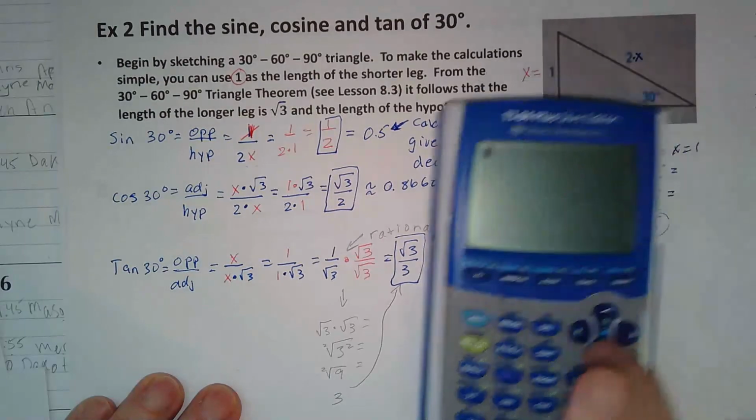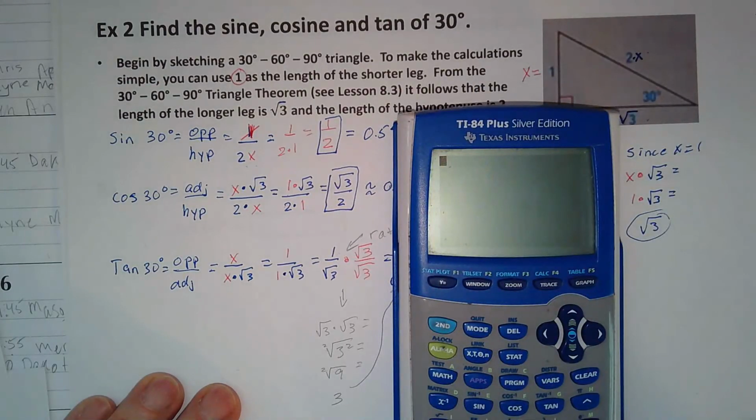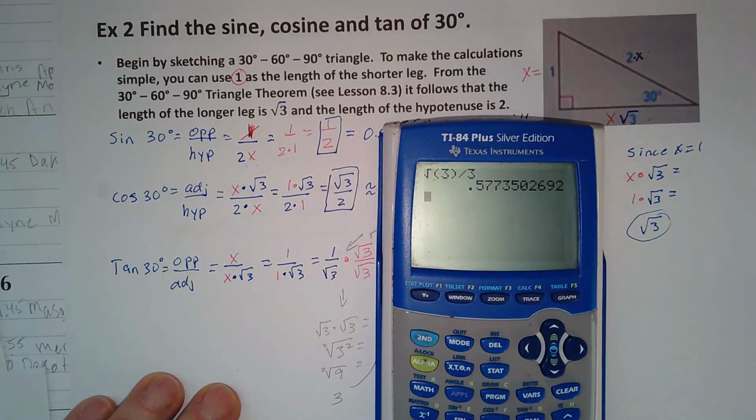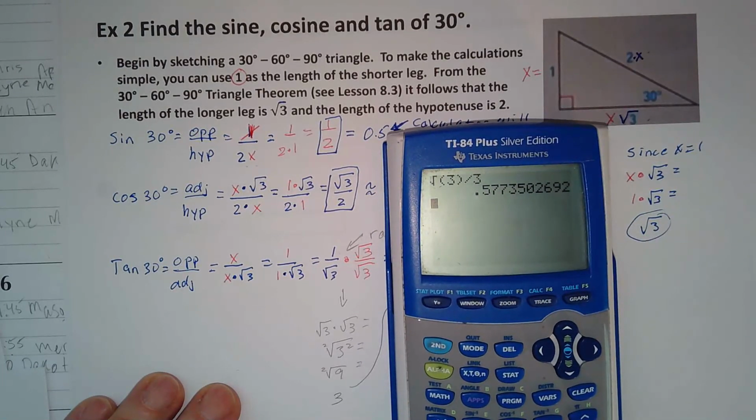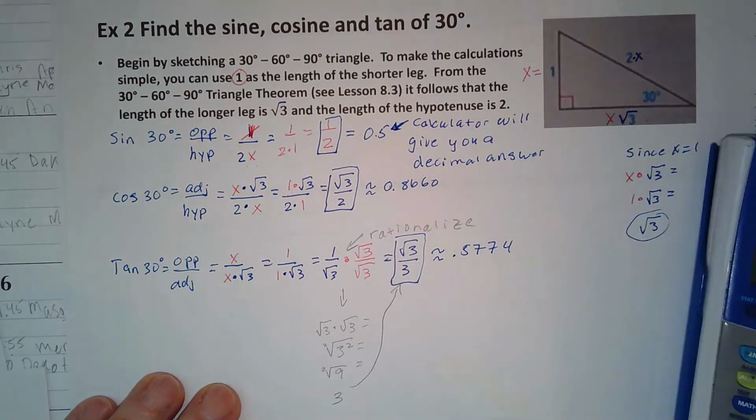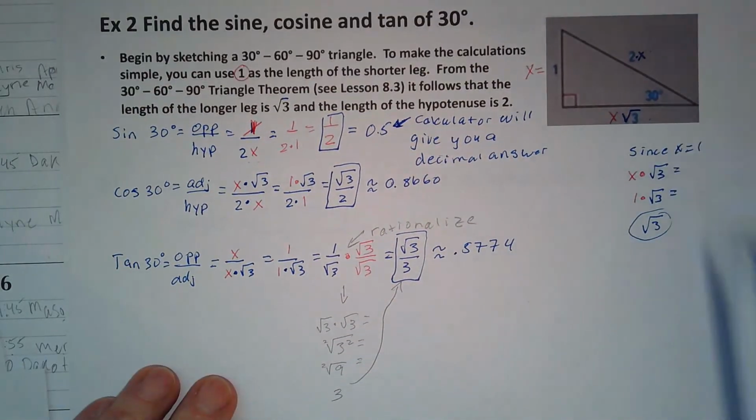So if I want to take the square root of 3 and divide it by 3, I get 0.5773, or that would round to 0.5774, it looks like, which is what I got here. Okay. So that's how this works.